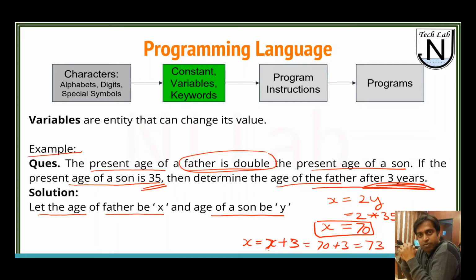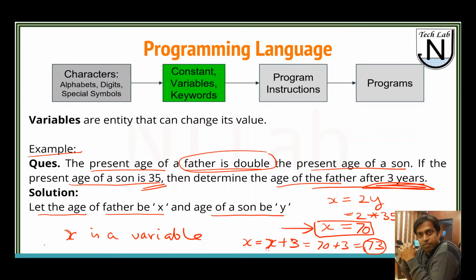So now over here you can note that the value of x in the starting was 70 and now it is 73. So the value of x is changing, and hence we can say that x is a variable.